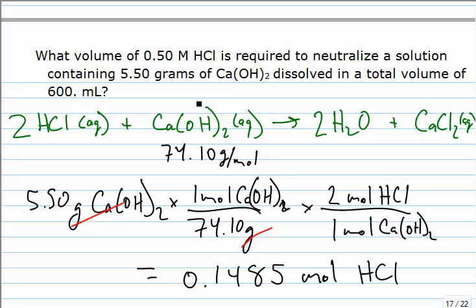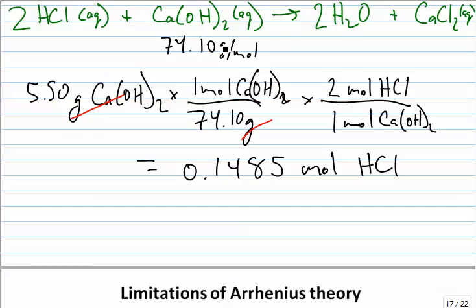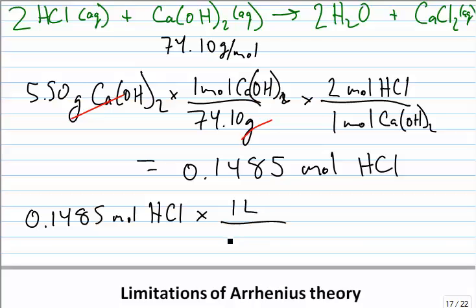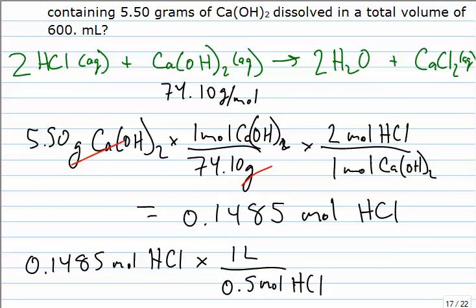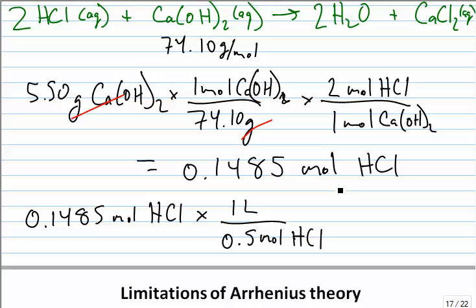Okay, and now we're given the molarity here. 0.5 molar, that's 0.5 moles of HCl per liter. So the volume that will equal this, so we have 0.1485 moles of HCl times 1 liter per 0.5 moles of HCl. So we're going to divide by the molarity here, right? So 0.50 molar is moles per liter. Okay, so this will give it to us in liters.